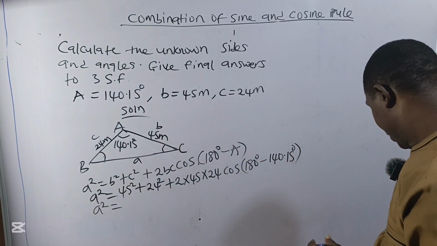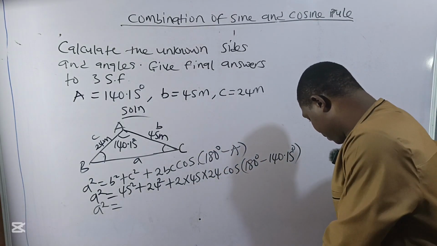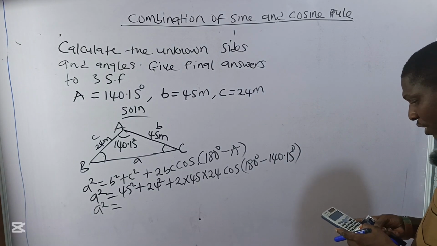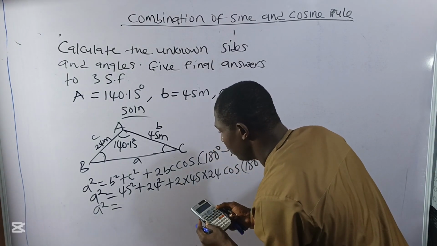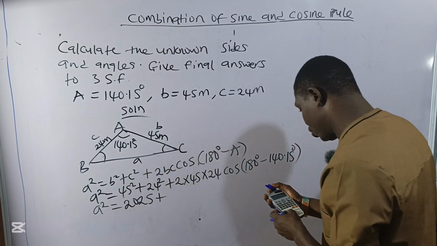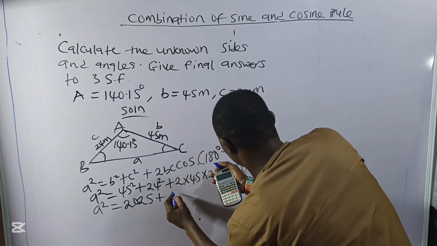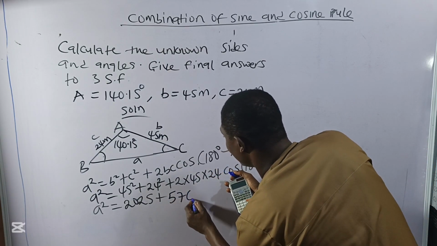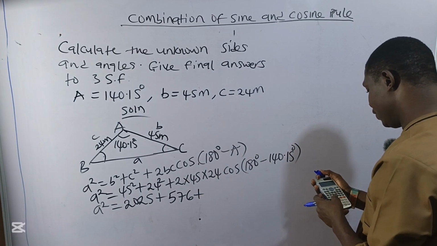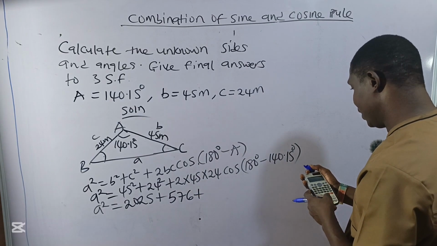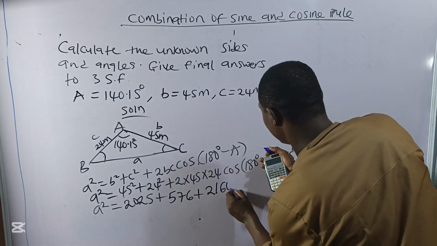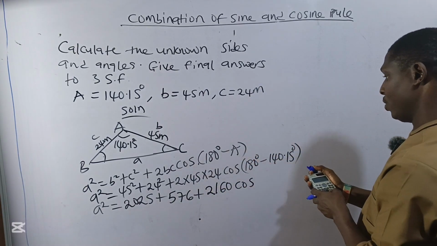let's check. Let me get out my calculator. So we have 45 squared to give us 2025. So we have 2025 here plus 24 squared as well to give us 576, plus 2 times 45, which is 90, times 24, will give us 2160 cos.